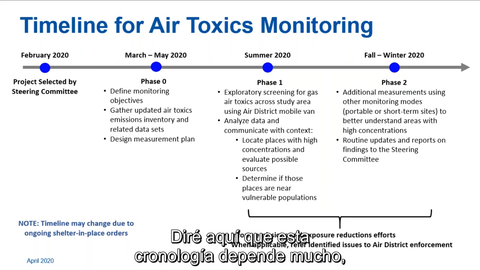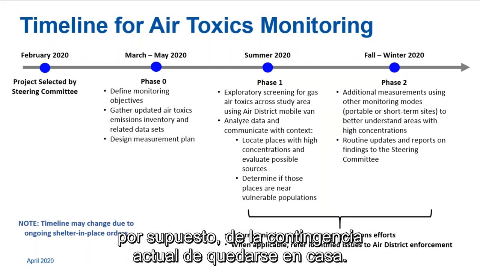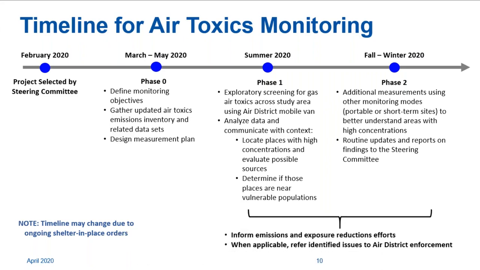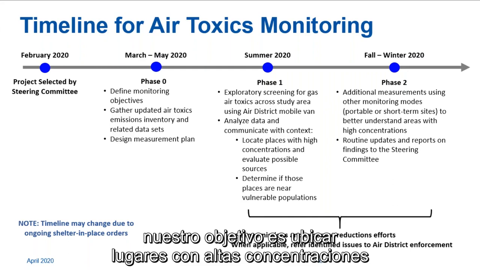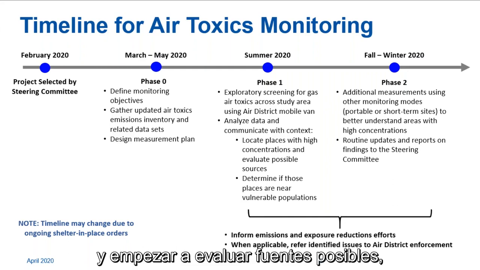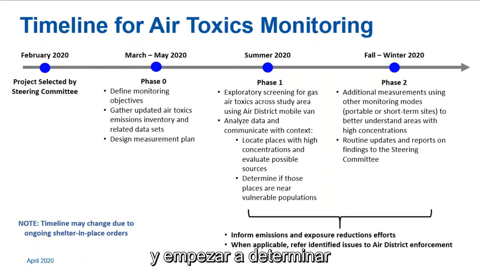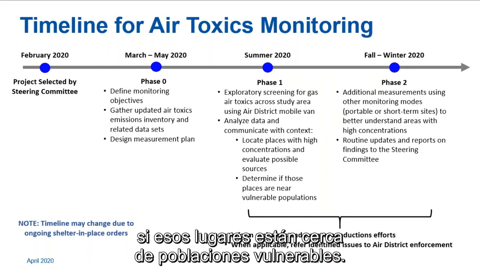And I'll note here that this timeline is highly dependent, of course, on the ongoing shelter in place. But through that exploratory screening, we aim to locate places with high concentrations and begin evaluating possible sources and starting to look at determining if those places are near vulnerable populations.